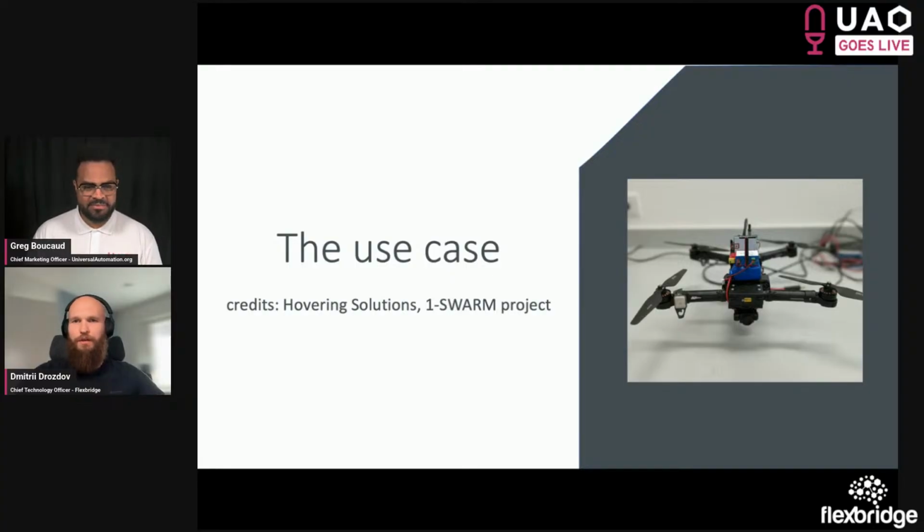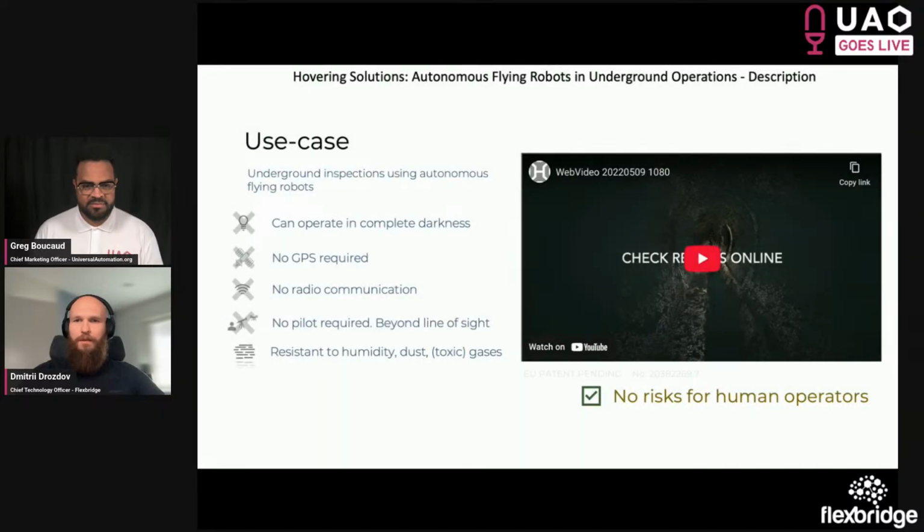As I mentioned, a few years ago we worked on a project with a company called Hovering Solutions, and they use a swarm of autonomous drones for underground inspections.